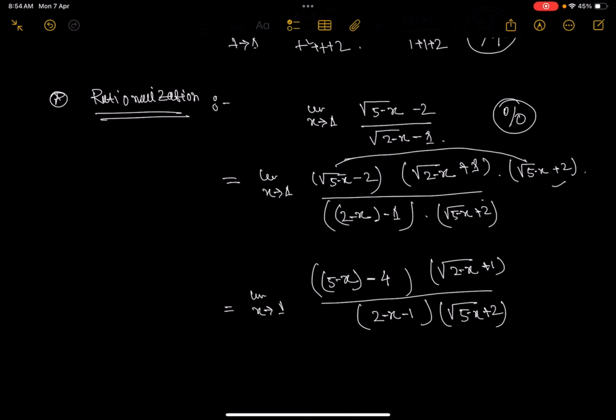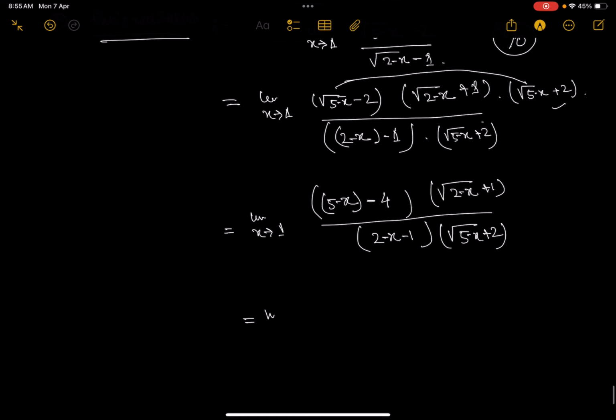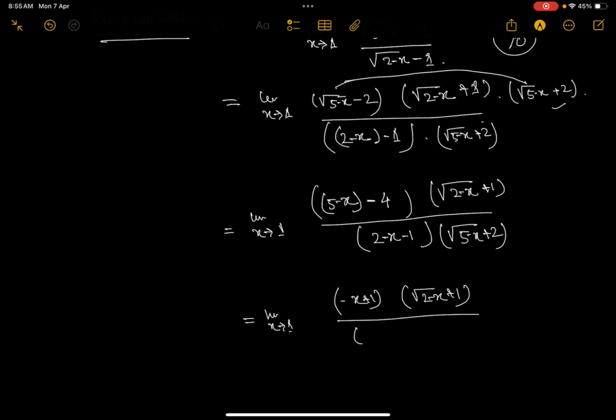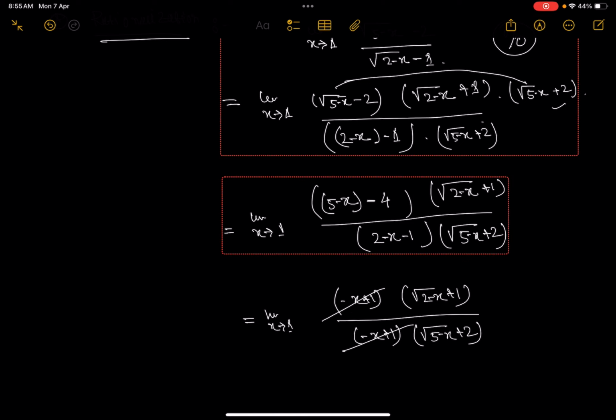So here you can see that, if we calculate the limit x tends to 1, these two terms, minus x plus 1 and minus x plus 1, cancel because x is repeated. x is not equal to 1, x only tends to 1, so cut this.